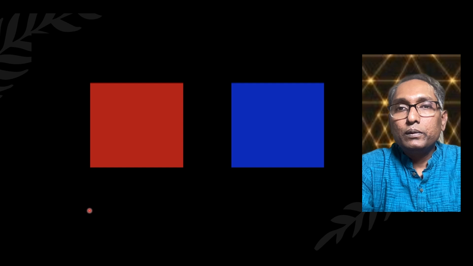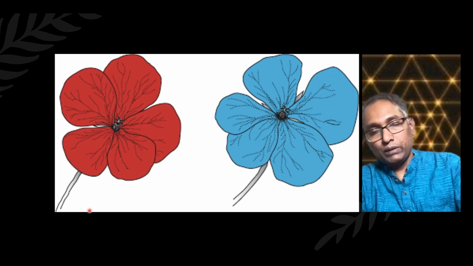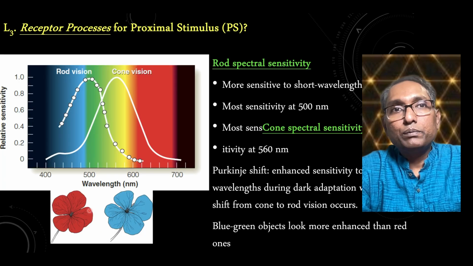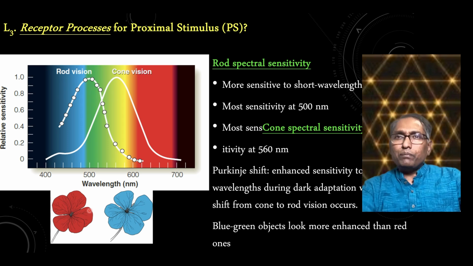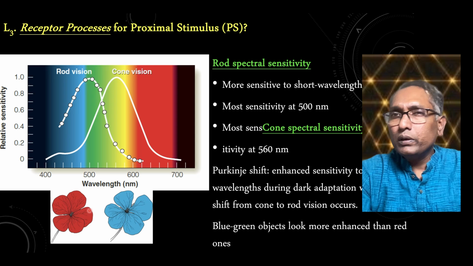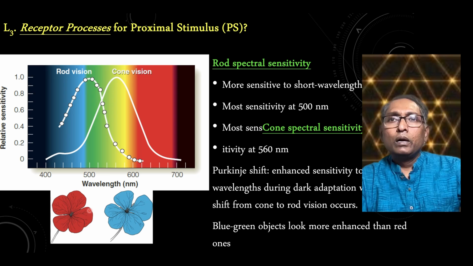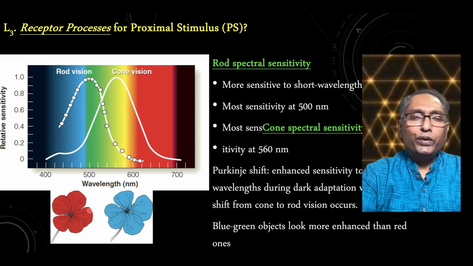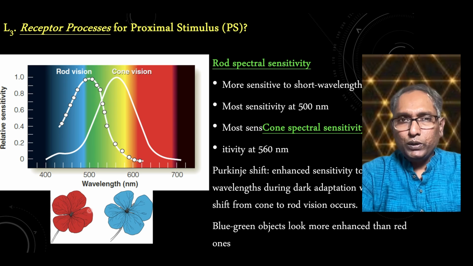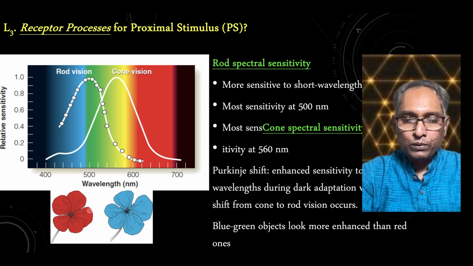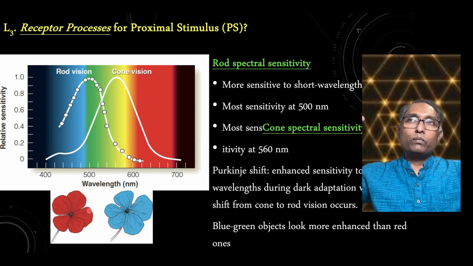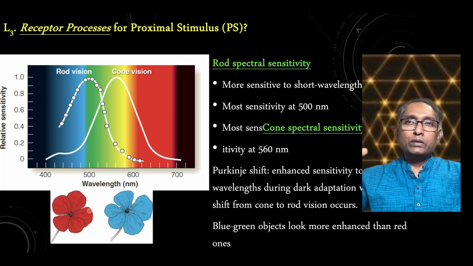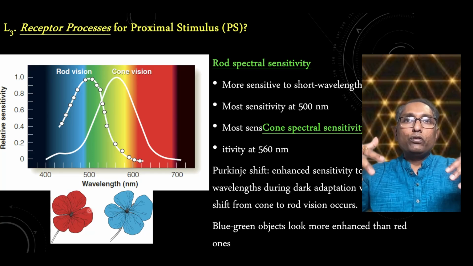We'll also talk about some beautiful experiments related to dark adaptation. One of the research activities that I want you to go through is the Purkinje effect, which is also related to dark adaptation. If you have ever been to the park or on a walk in the evenings, especially when the sun is about to set, it suddenly becomes from light to dark, and there comes a point where you will see everything bluish.